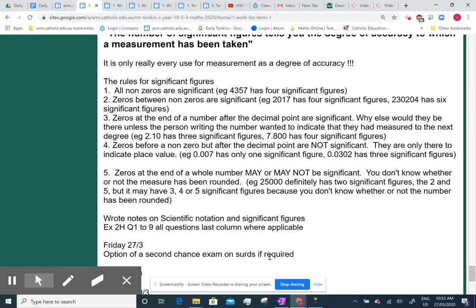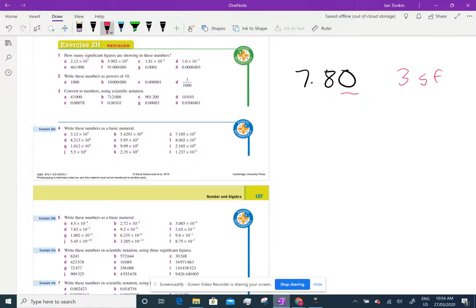But the 0 in between is rule number 2, and it must be significant because I've counted or measured the nearest tenths, the nearest hundredths, because there are no hundredths, and the nearest thousandths. So if we go back here and we look at this, 0.08, one significant figure, 0.80, two significant figures. The 8 is significant, and so is the 0. So hopefully you're getting an understanding for that and you can deal with it.